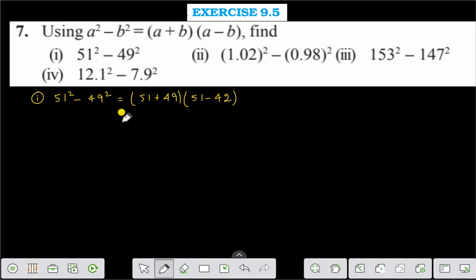Adding, 51 plus 49: 9 plus 1 is 10, carry 1, it is 0; 4 plus 1 is 5, plus 5 is 10, so 100, into 51 minus 49, which is 2. 2 into 100 is 200, and that is the answer of question number 1.